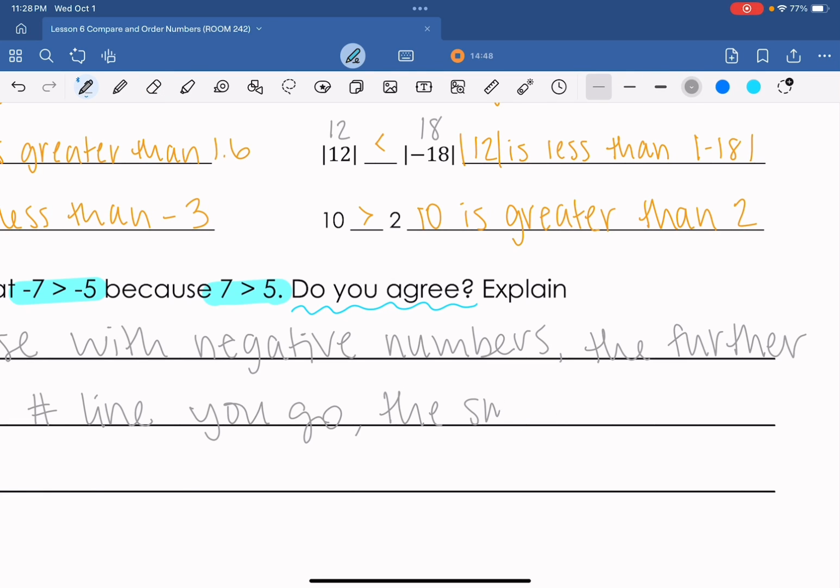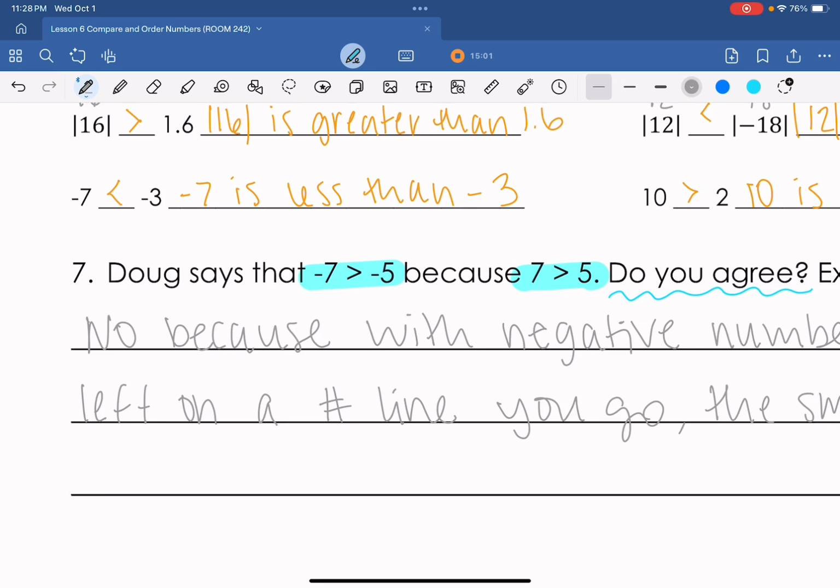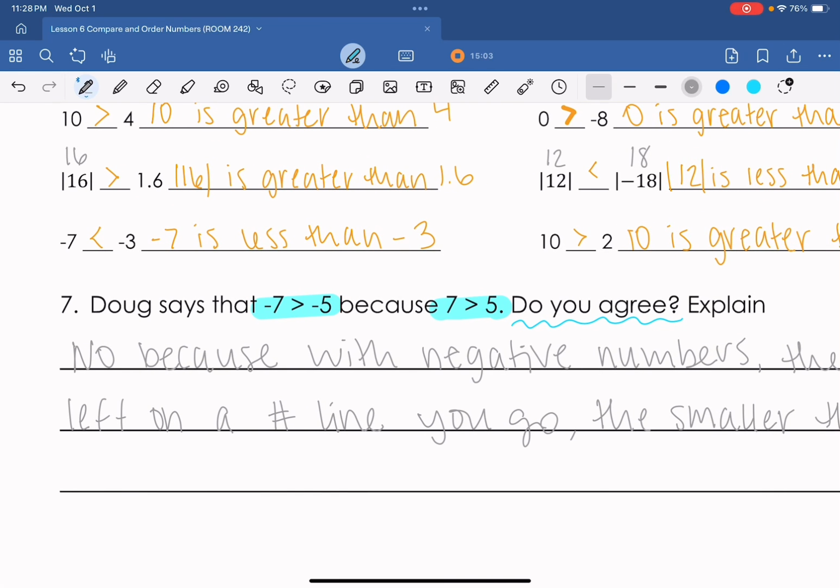That doesn't mean it's the value of the number, so we'll make sure to add that at the end. It is not the value of the number.